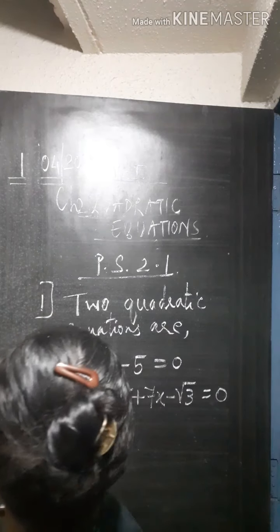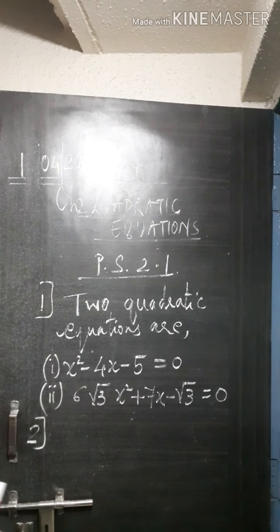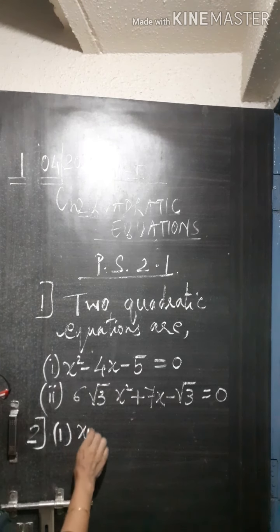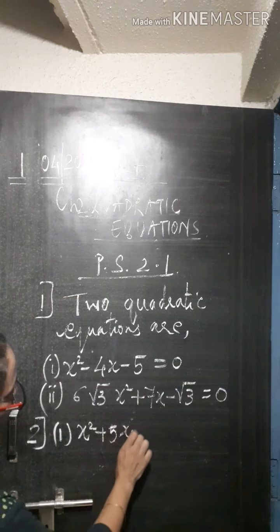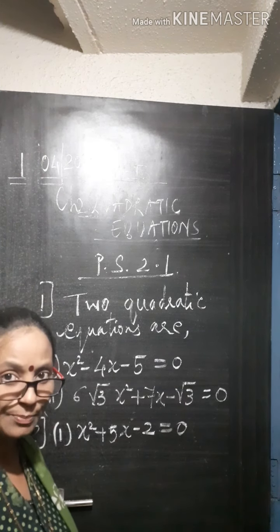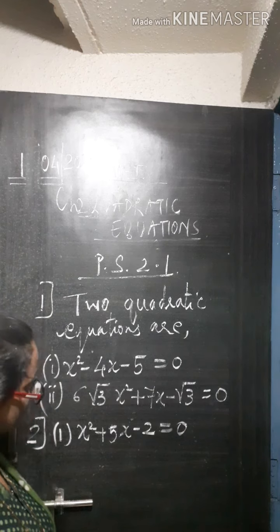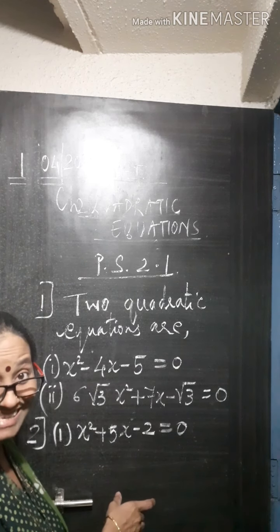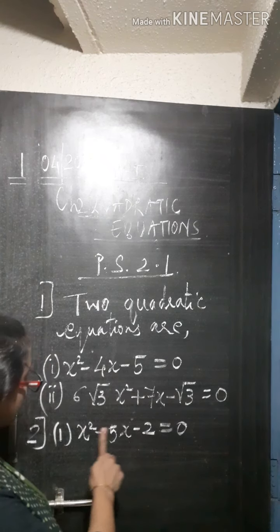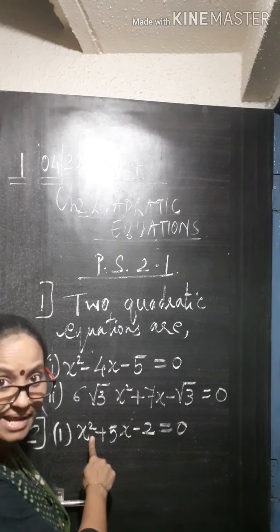The very first one, let us see. The first one is x square plus 5x minus 2 is equal to 0. Is it a quadratic equation? If you remember the definition and the condition, we had said that it is a quadratic equation when it has the highest index as 2.